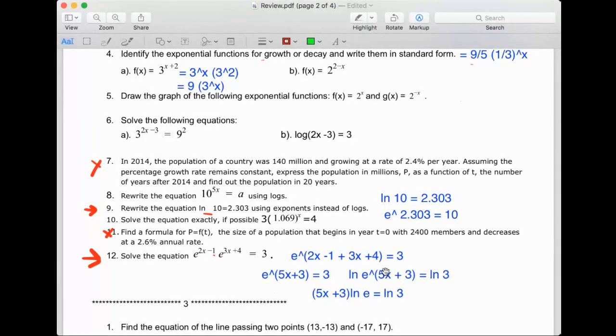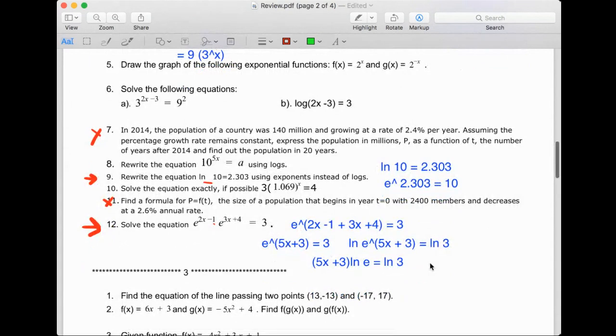Then what's ln e? 1. So that means we're left with 5x plus 3 equals ln 3. Right? ln 3 is just a number. We don't have to use a calculator to approximate. Just keep it as ln 3. It's a number. It's exact.